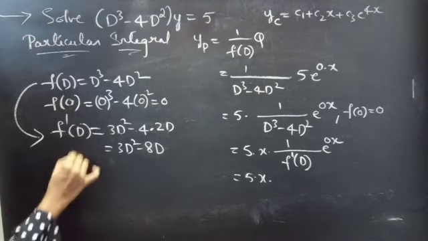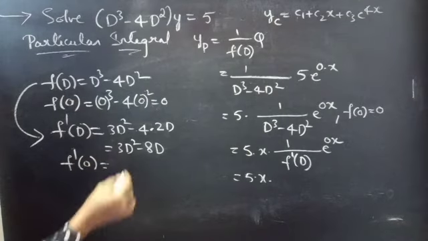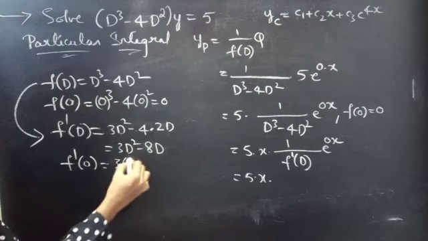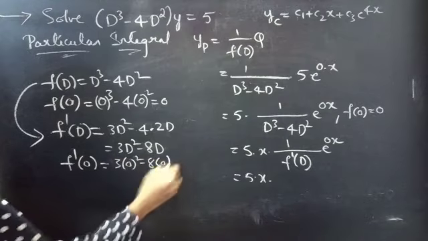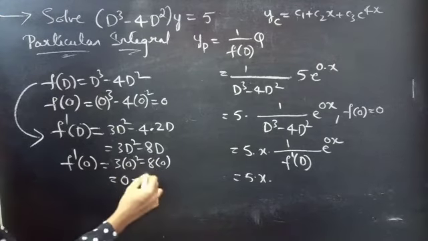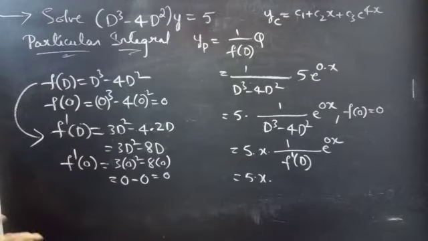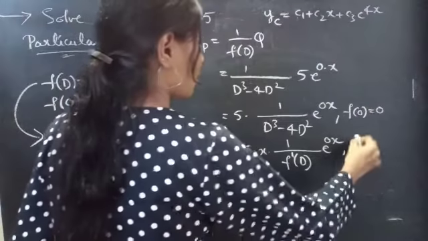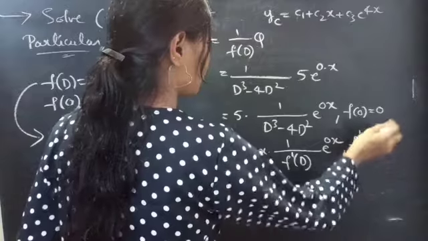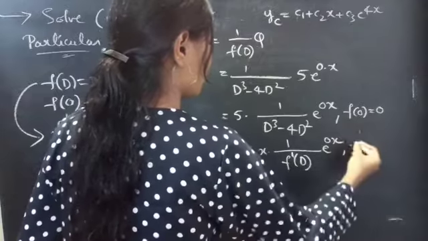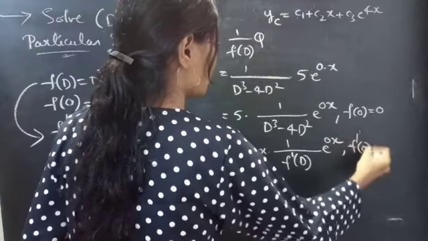Now let's see what happens if we replace D by 0. You'll get 0 minus 0, again you'll get 0, since f dash of 0 is equal to 0.